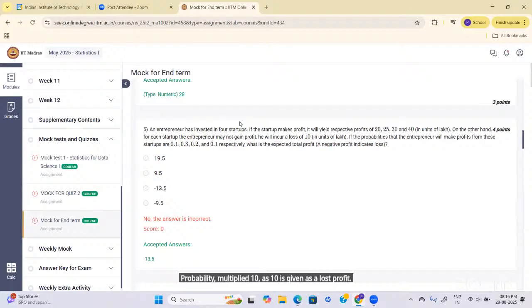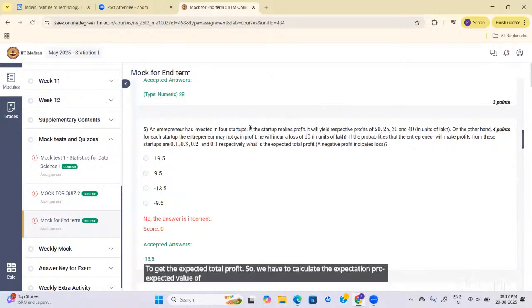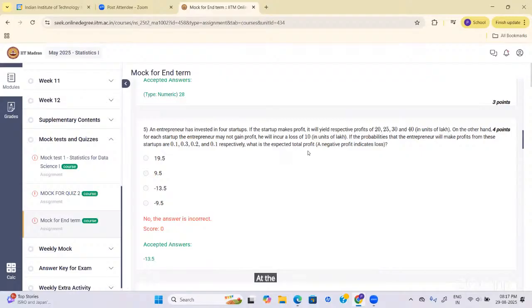Yeah, correct. So in this way, we can calculate the profit for each different startup. And then ultimately, we have to add it to get the expected total profit. So we have to calculate the expected value of profit for each of the 4 startups. Then at the end, we will add it. That will give us the expected total profit.